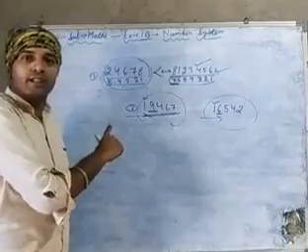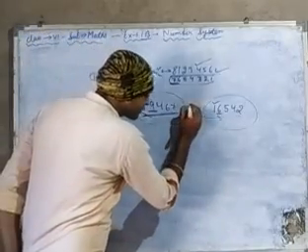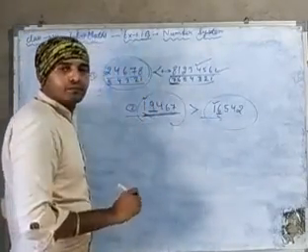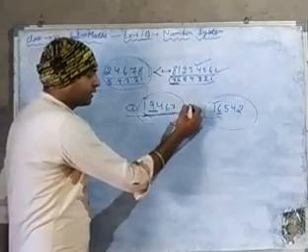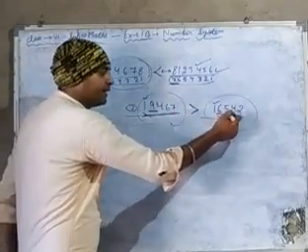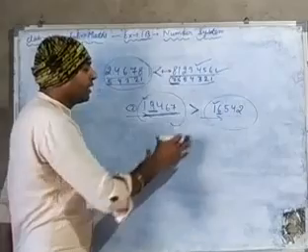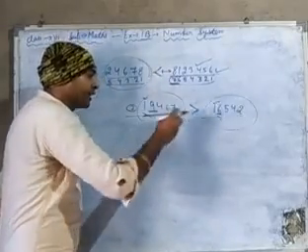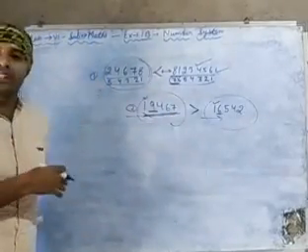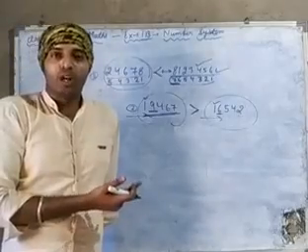This number is greater, so we have to write the greater than sign with this number. This is the way we can find which one is greater or smaller.